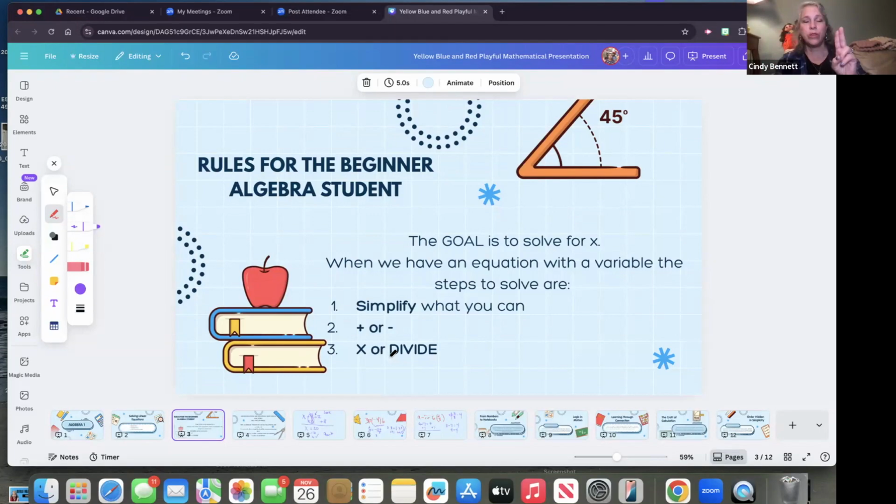And then whatever we do to that side, we do on the other side of the equal sign. And then my next step is to multiply or divide. So that is the very beginning of solving algebraic equations with one variable, okay?